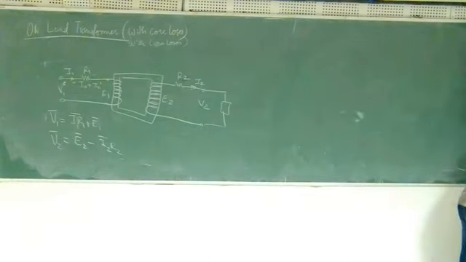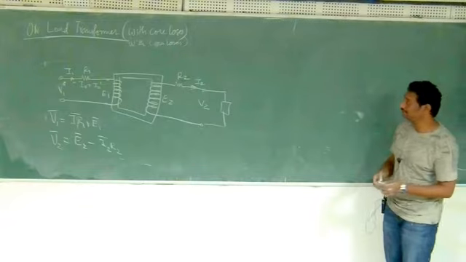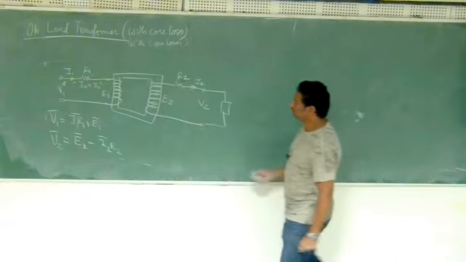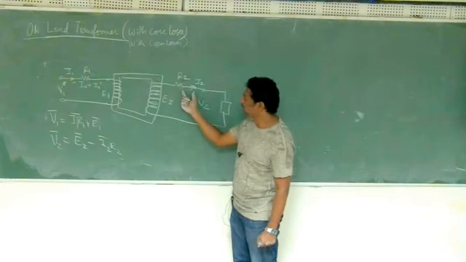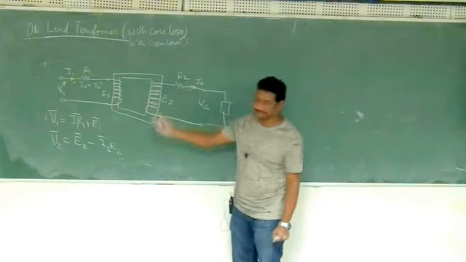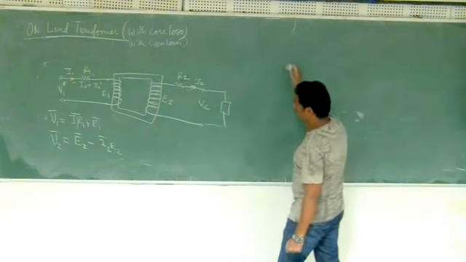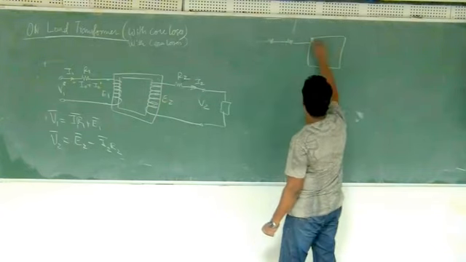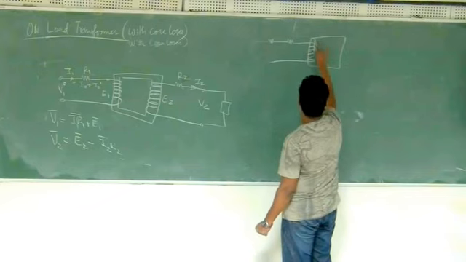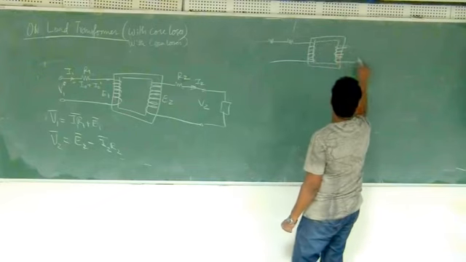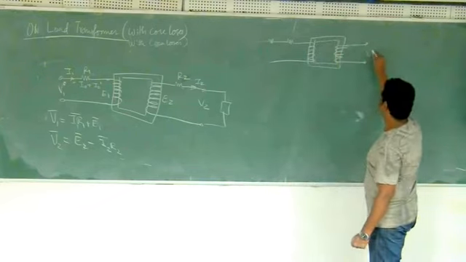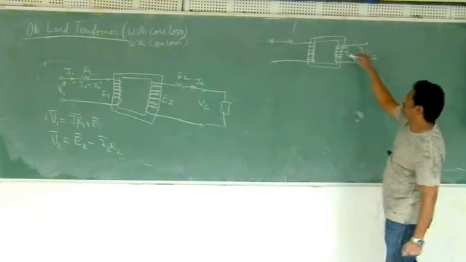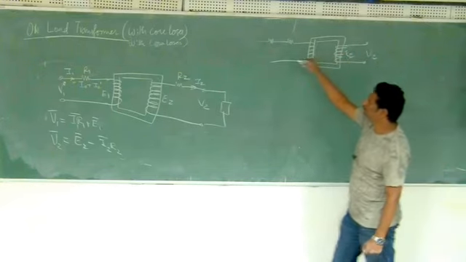Now for mathematical simplification, I can take an equivalent resistance. Assume that I do something like this. So this is V2, E2, and this resistance I am not showing here, I am showing it somewhere here.